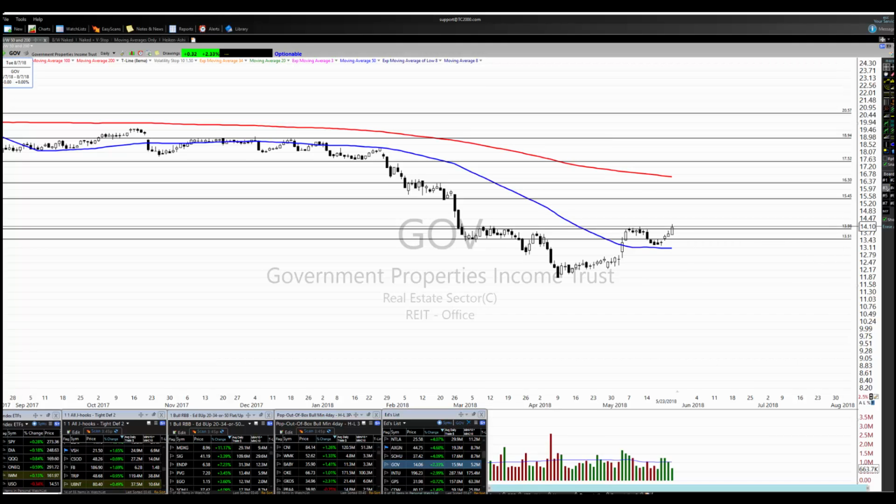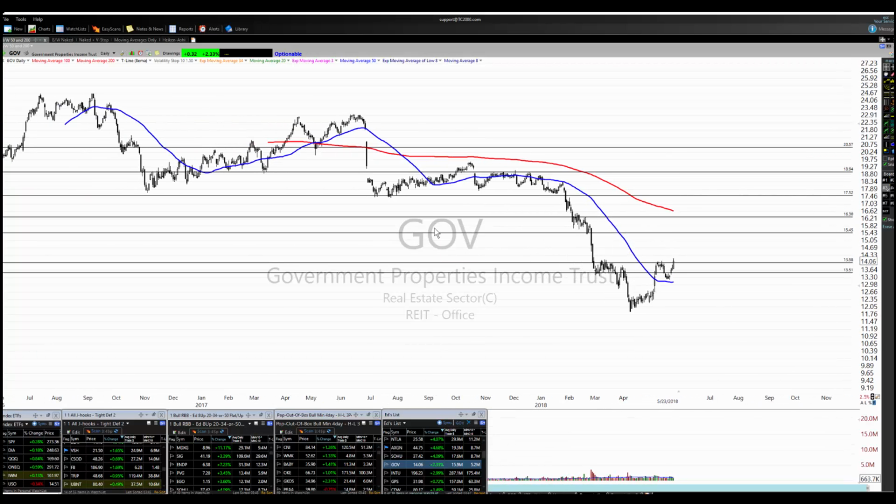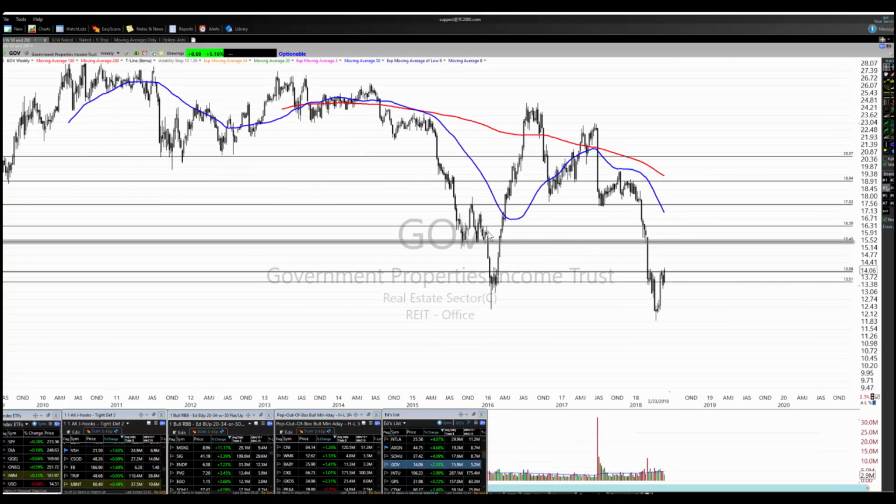We've got about, what was that, 8% or something? 9.5% up to this next little area there. And that next little area is, in fact, a valid resistance level or potential resistance level.